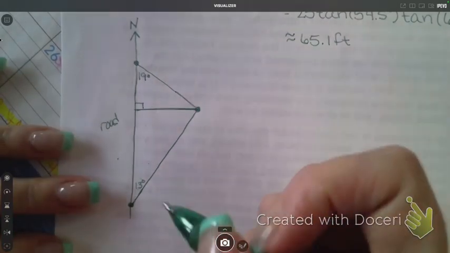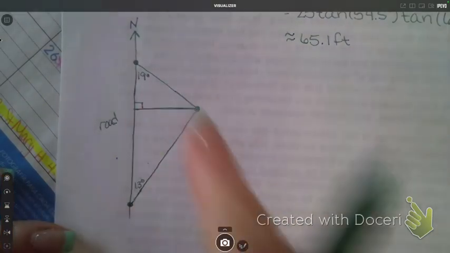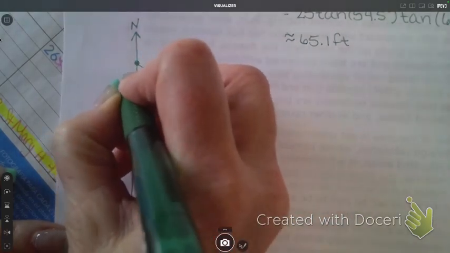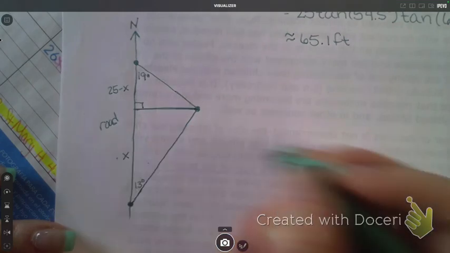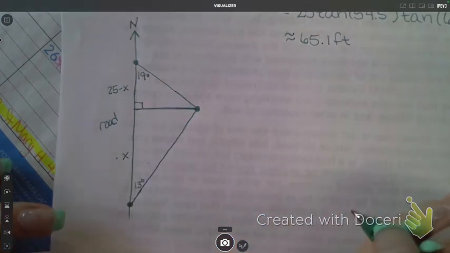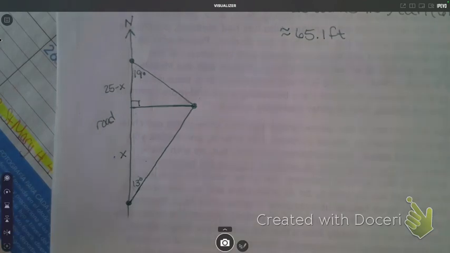So we need to name one of them X and the other one 25 minus X. Which one do you want? The top one X and the bottom one 25 minus X? Yeah. So that makes this 25 minus X. Again, don't put your dot right in the middle, unless it says directly between them, do not make your brain think it is, because that's what your brain is going to try to do.